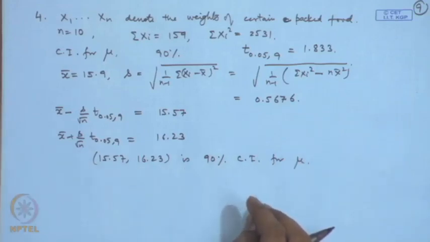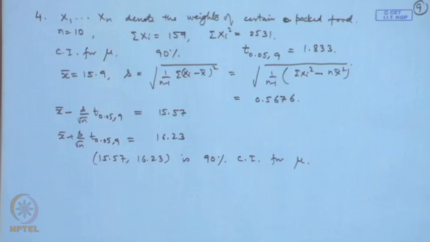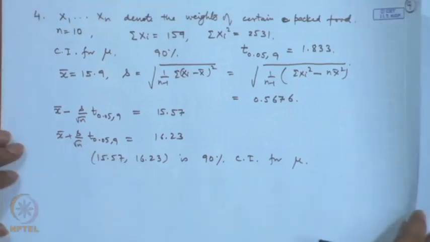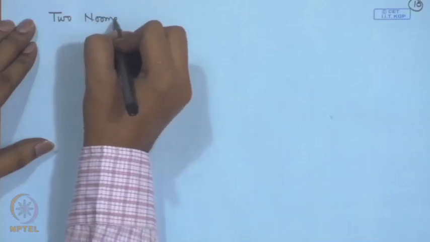Now, there may be situations where we will have to find the confidence interval regarding the difference between two populations. So, we now consider the two sample problem, two normal populations.